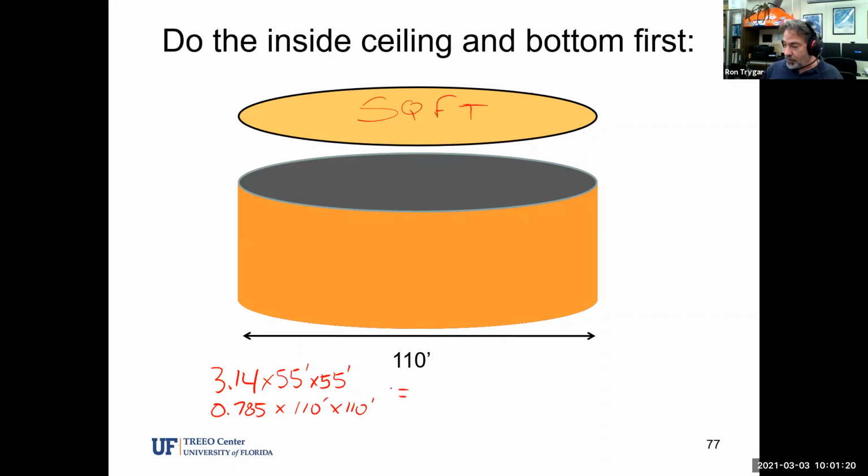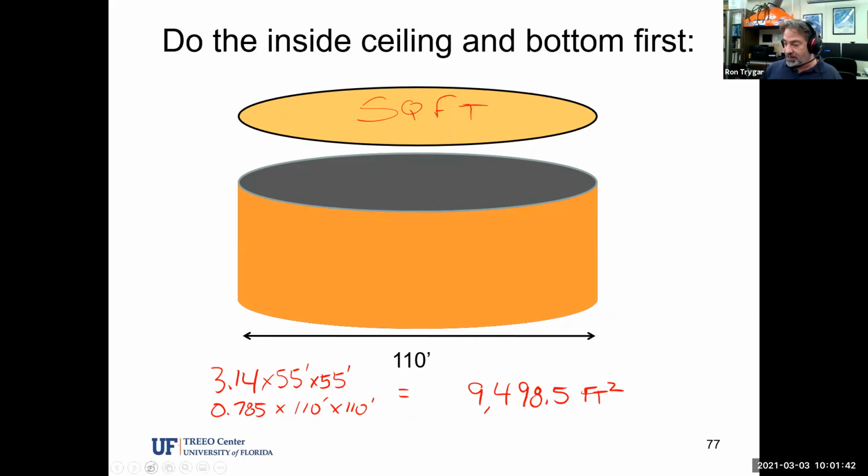Either one will give us a similar answer. So let's do 0.785 times 110 times 110. On my calculator I've got 9,498.5 feet squared.